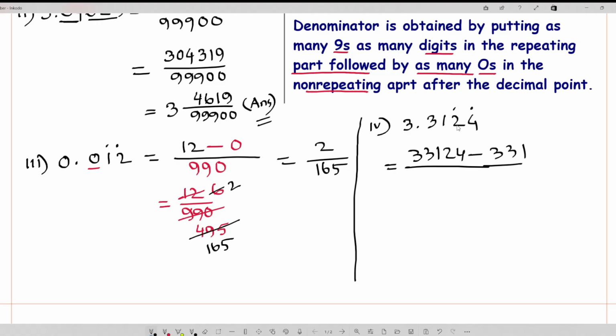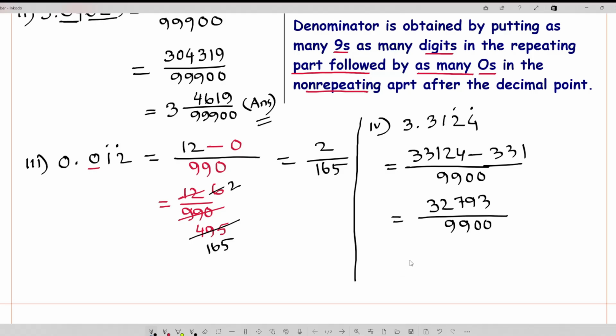For the denominator, 2 numbers are repeating, so 9 and 9, and 2 numbers are non-repeating, so 0 0. Okay, and now look, here is 32793 and here is 9900.